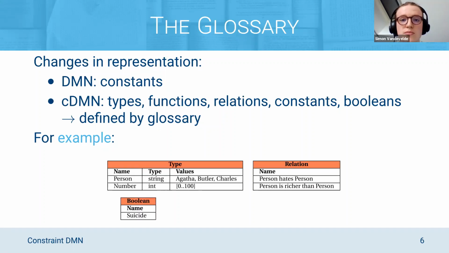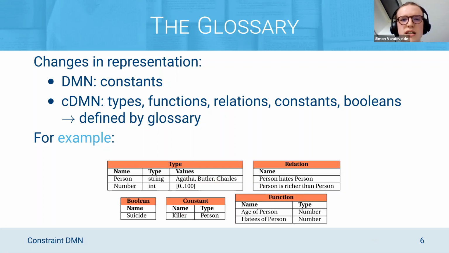We also allow for booleans, for example, suicide. Then, of course, we also allow constants, but the main difference with constants in cDMN to constants in DMN is that they have to be explicitly typed. So, for example, here we have the constant killer, which will always be a person. So this means that the killer will always be Agatha, Butler, or Charles. There's no one else that is in our model.